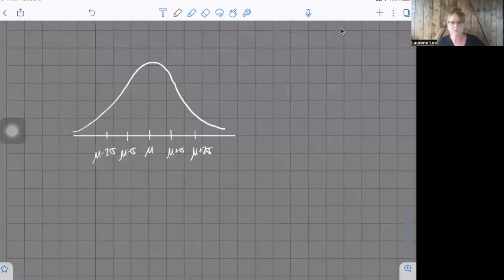Now, when we take a data set and it's normally distributed like this, it's a symmetric curve. The data set can look a lot of different ways. If we're measuring temperatures, say, you could have positive or negative numbers. They could range from, I don't know, minus 32 to 110. Okay.